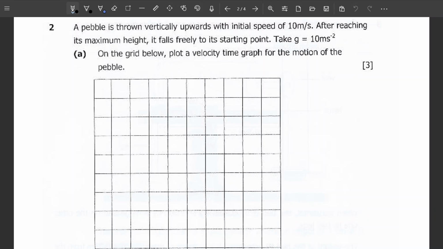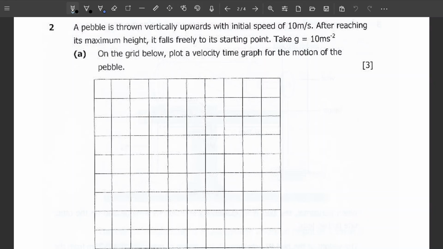It is thrown vertically upwards with the initial speed of 10 meters per second. Then they're saying after reaching its maximum height, it falls freely to its starting point.